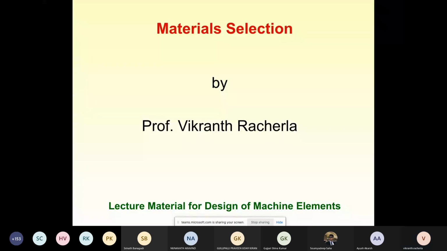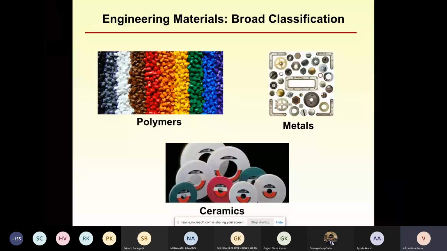Okay. Now, today and maybe possibly in the next class, we are going to look at different materials which are used for making components. Broadly speaking, the materials that we use for making engineering components are classified into three groups: polymers, metals, and ceramics.